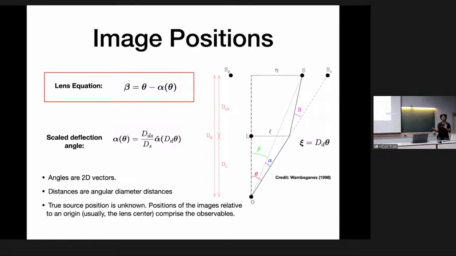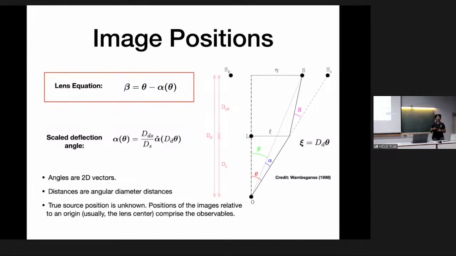So we never get to see the true source position of these distant sources. The positions that we can measure are obviously relative positions, because all we can see is image 1, image 2, image 3. A good choice of origin is the lens, which is at the center of the system.